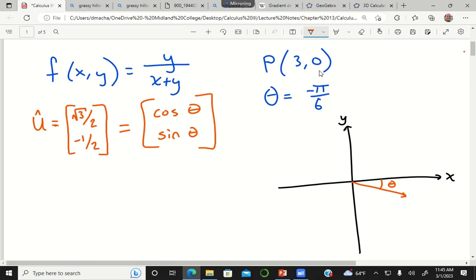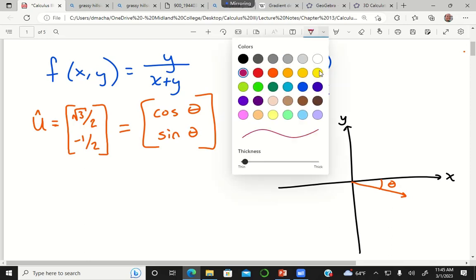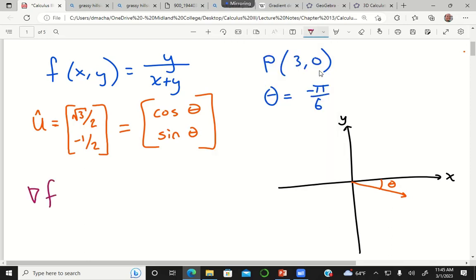All right, and then we find the gradient. The gradient of f is going to be a 2-dimensional vector. What is the partial derivative of f with respect to x? Negative y over x plus y squared.